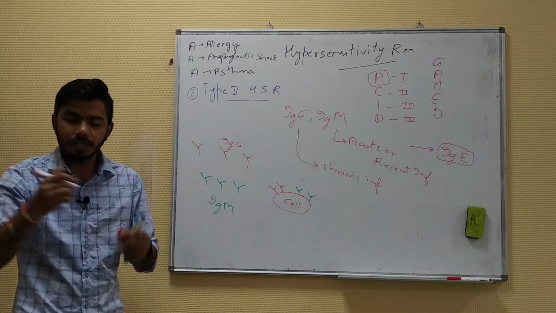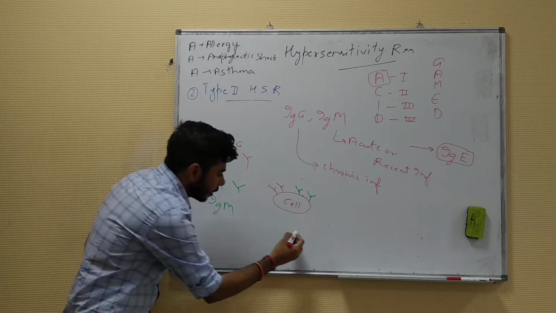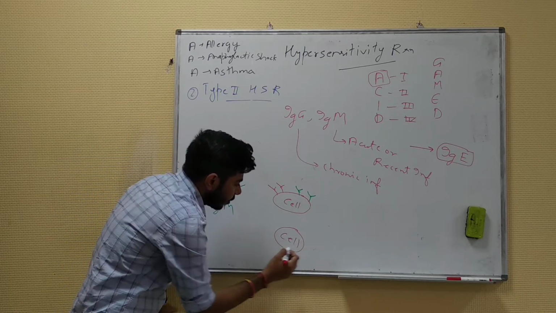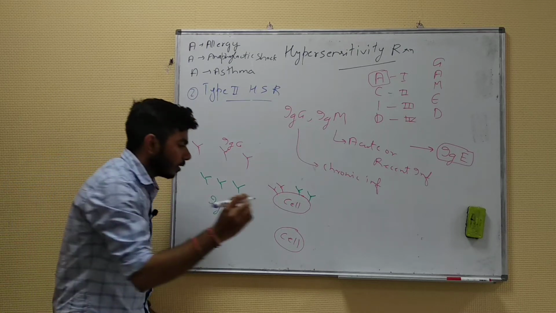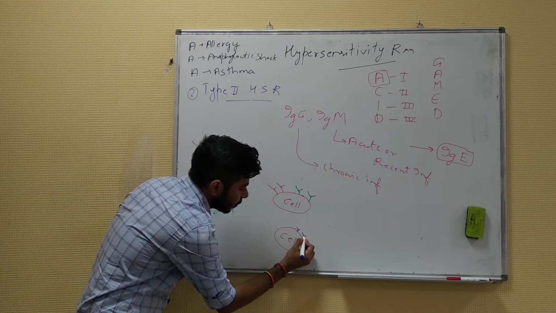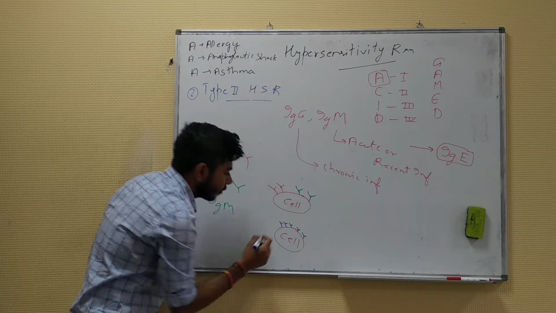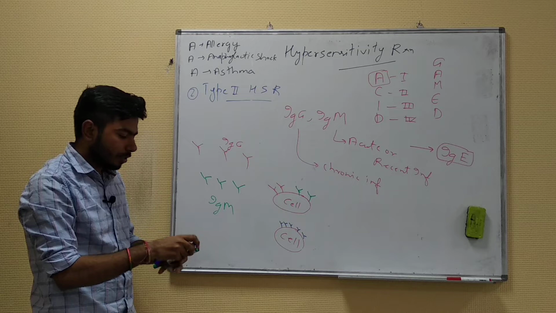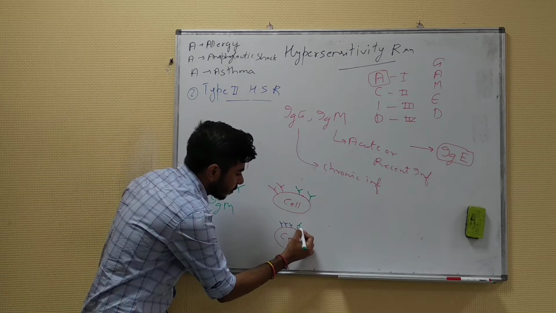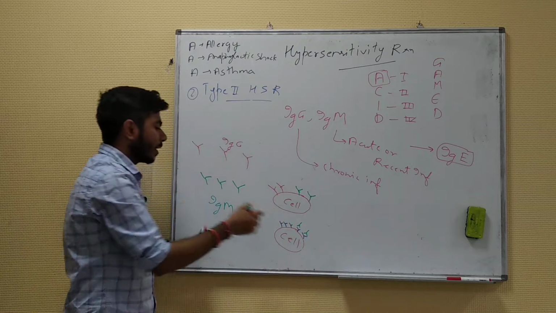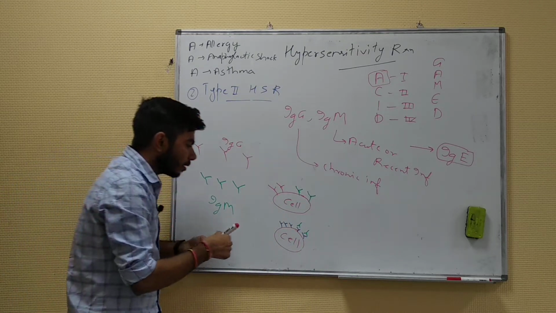In type 5 hypersensitivity, the same kind of antibodies are there, but the difference is, let's say this is the cell over here. These cells have their receptors. Let's say these are the receptors present over here, and onto these receptors these antibodies will be binding. So basically, what is the difference?